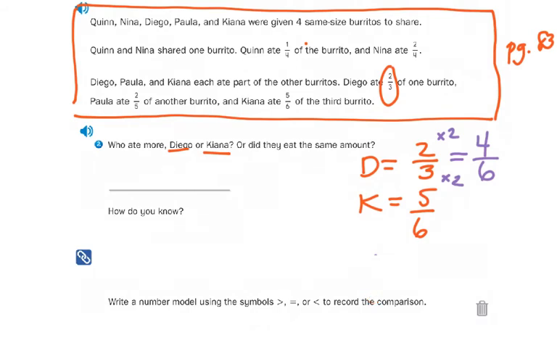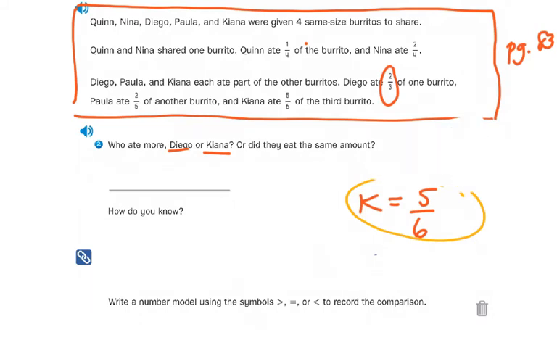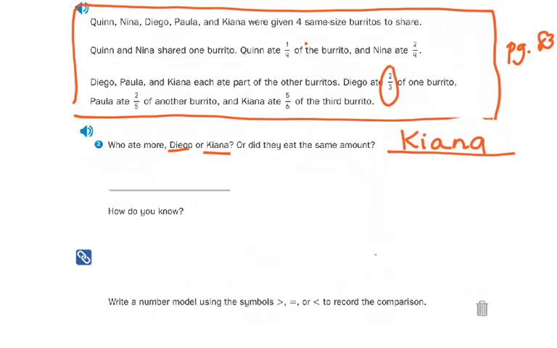So if we go back to our comparisons, who has more? Kiana. So on your line right here, you're going to go ahead and write Kiana. Now, how do I know that?